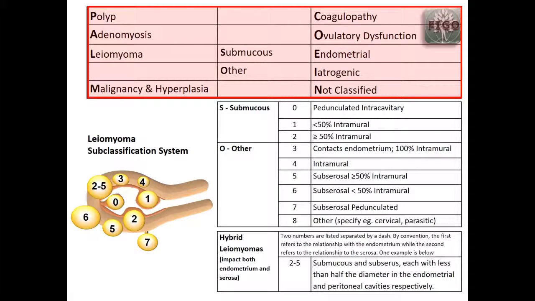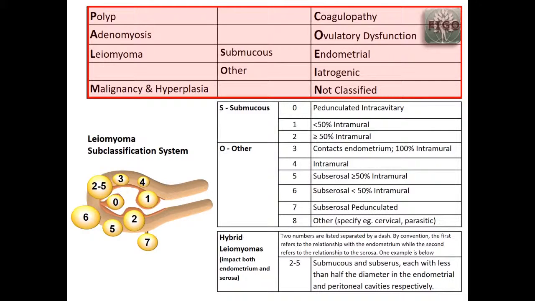Imaging designed to identify polyps, adenomyosis, leiomyomas, sampling to determine whether there is endometrial hyperplasia, a screen for coagulopathy, ovulatory dysfunction from the structured history, determination of whether or not a primary endometrial defect is present, a history suggestive of iatrogenic gonadal steroid induced abnormal bleeding, and there are other entities that have not yet been classified in the system.